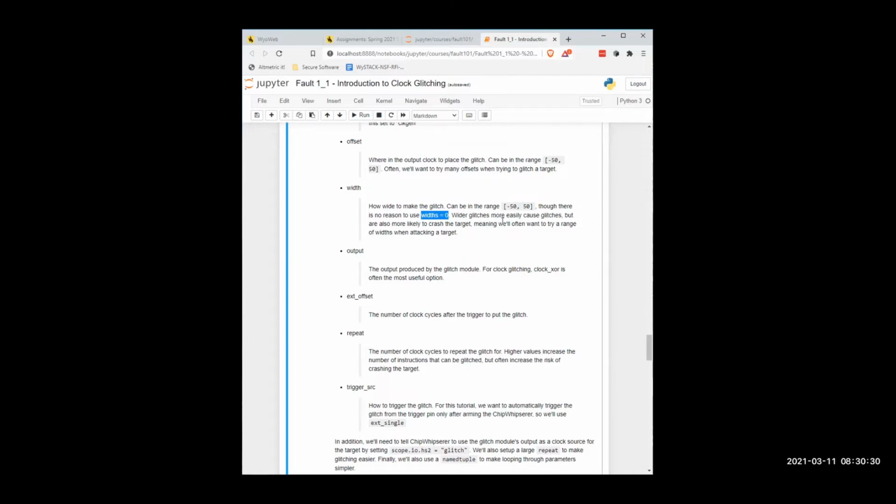And you wouldn't want to glitch right at the center point because that's already a transition point for the clocking structure. So the only thing you're likely to do glitching at that exact moment in time is extend the signal. And that's not really the point of a glitch. You're not trying to make the signal higher. You're trying to change the signal. So changing where the pulse occurs is all that you would be doing in a glitch.